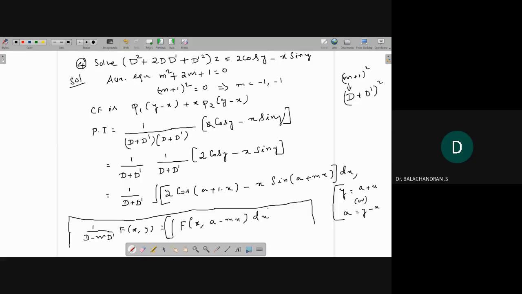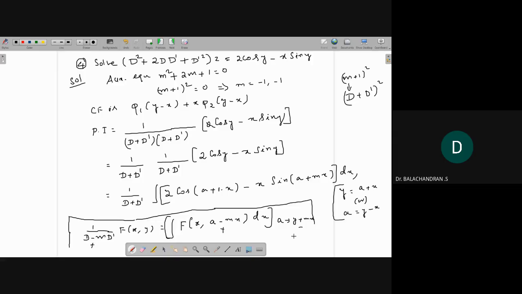After integrating, you should replace this a by y plus mx. So this is the result I gave. Suppose if you have plus here instead of minus, then here also plus, and here minus.